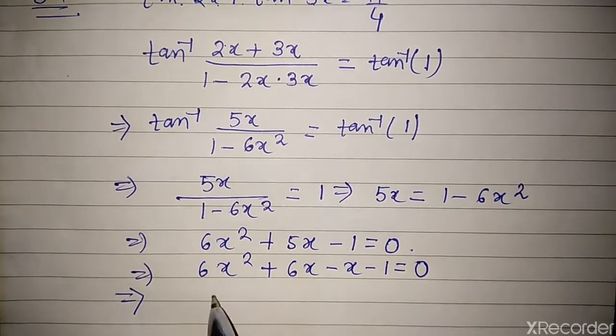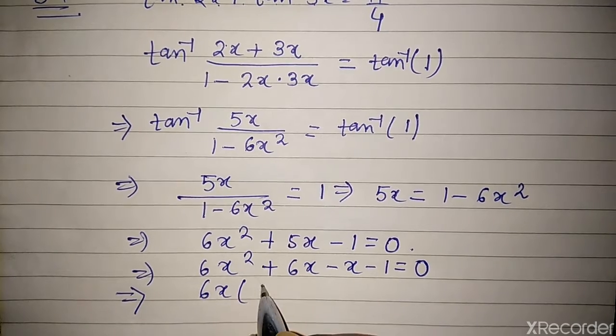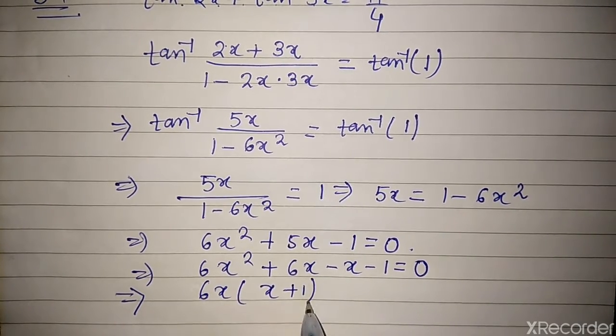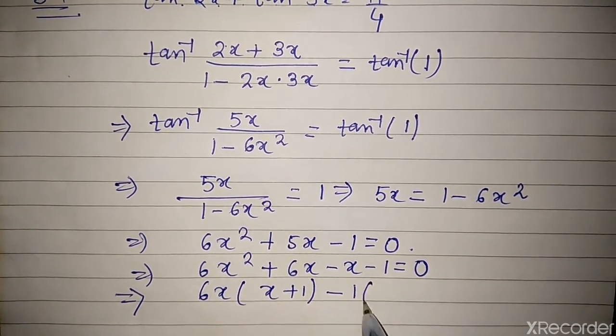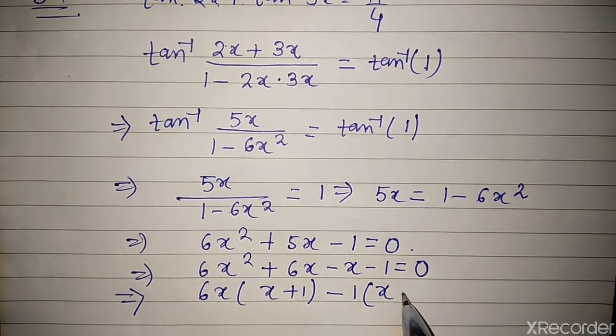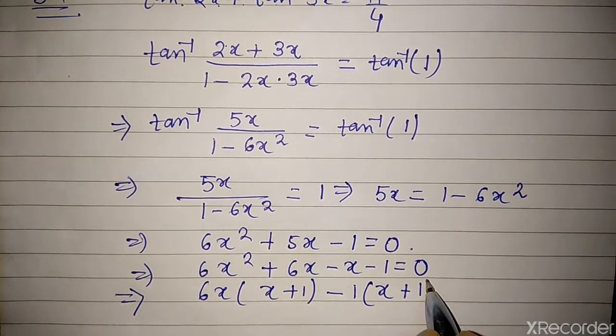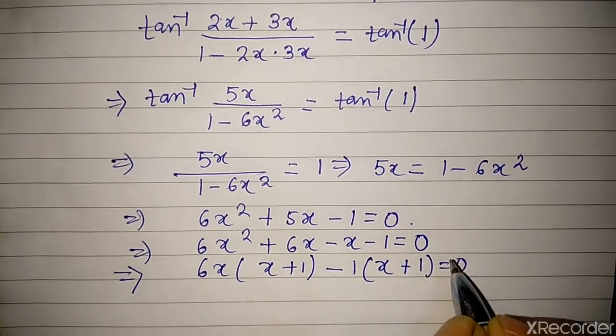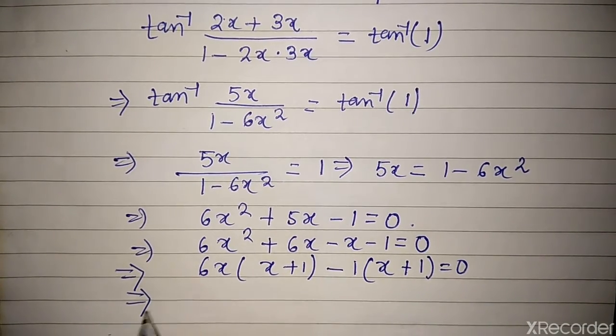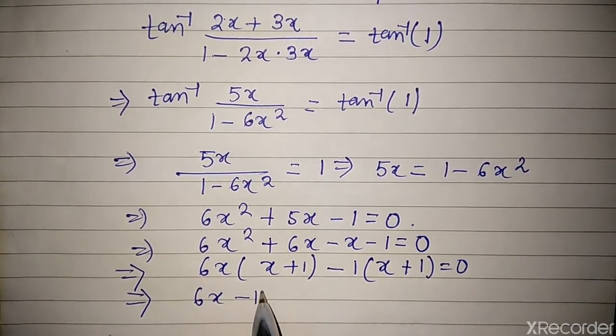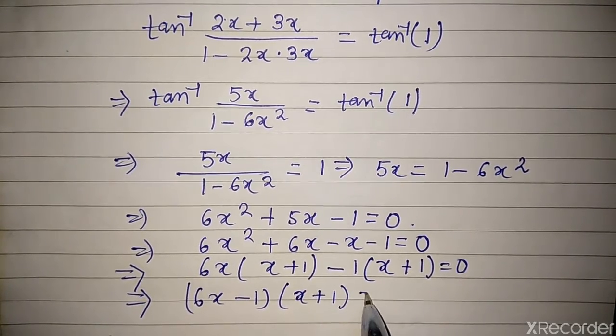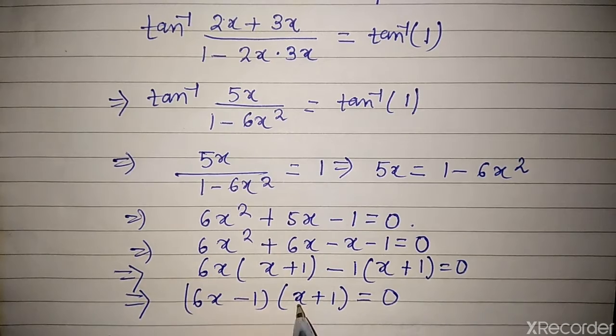So this implies 6x is taken common, x plus 1, minus 1 is again common, so here is x plus 1 equals 0. So this implies (6x minus 1) and (x plus 1) equals 0. So here we are left with two factors.